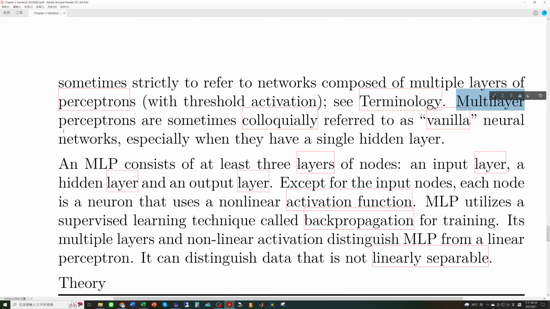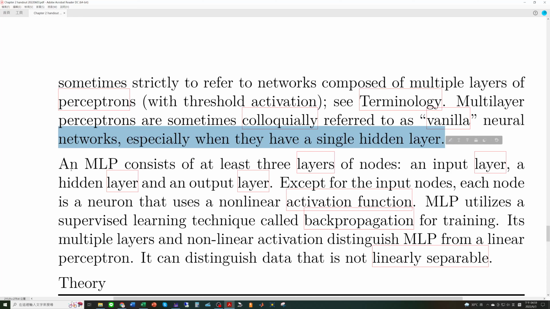Multi-layer perceptrons are sometimes colloquially referred to as vanilla neural networks, especially when they have a single hidden layer. I will introduce the meaning of the words colloquially and vanilla later.